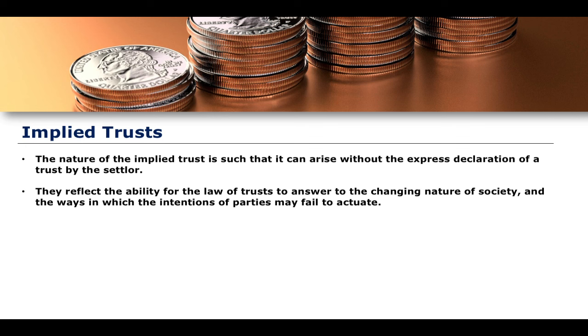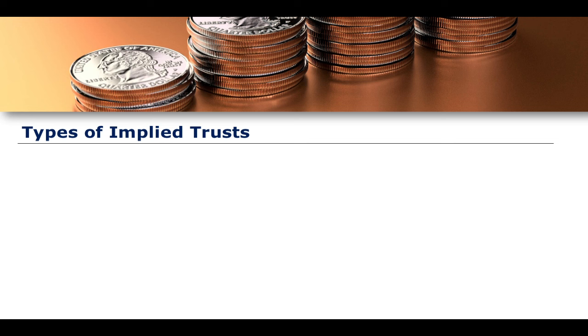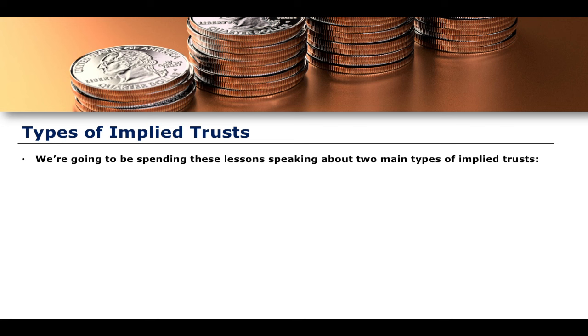It could be the case instead that there is still nevertheless the ability for the people involved in this dispute or situation to have a trust be created. And this gives rise to the question of the types of implied trusts which may exist.